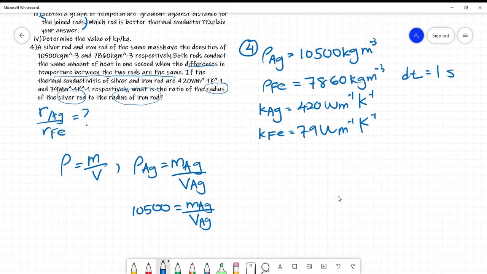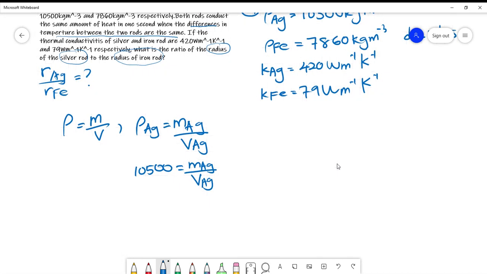Let me drag it down. So the mass of silver is the volume times 10500.